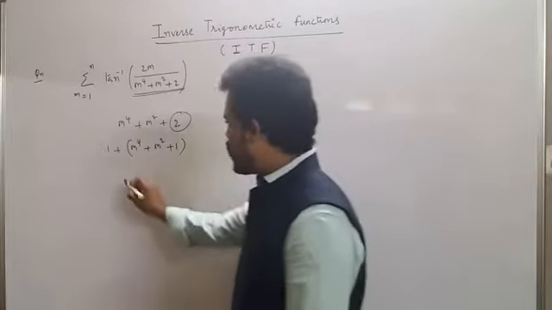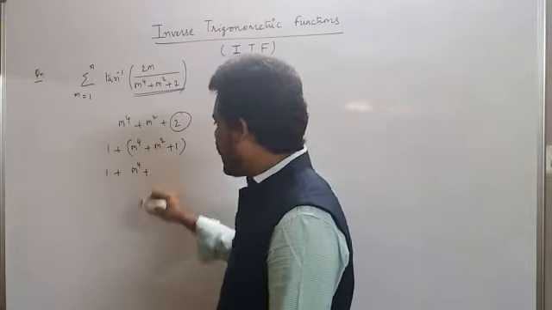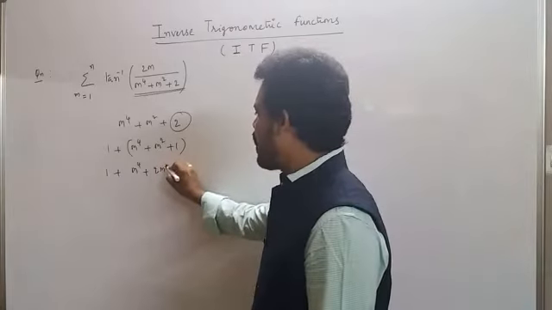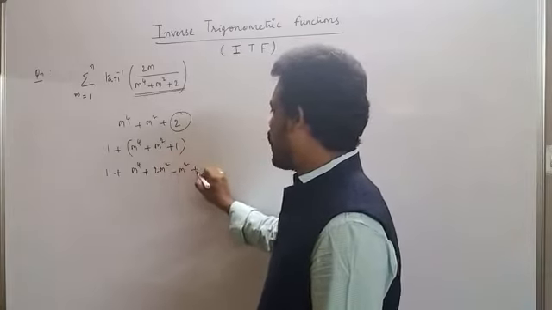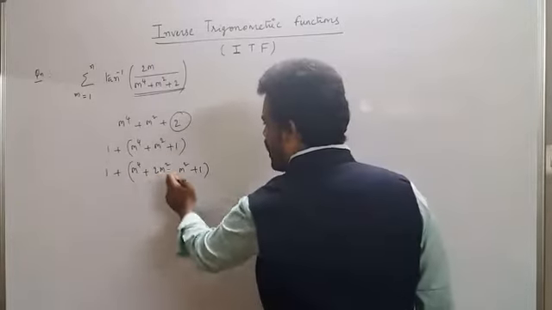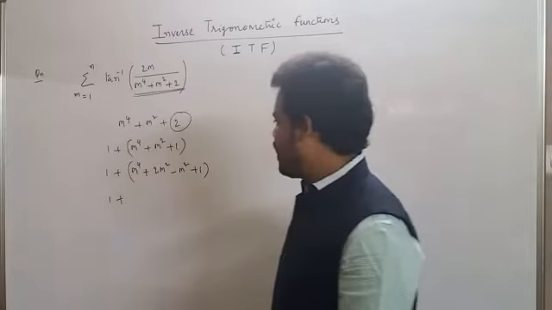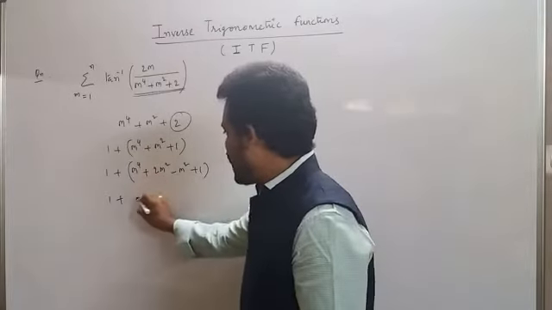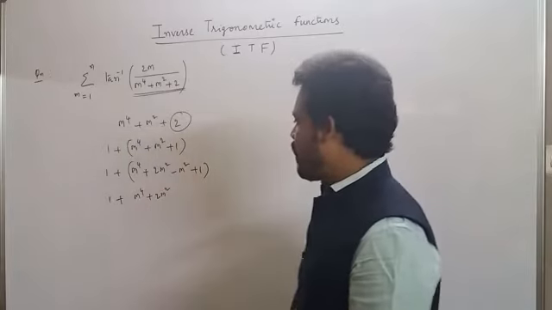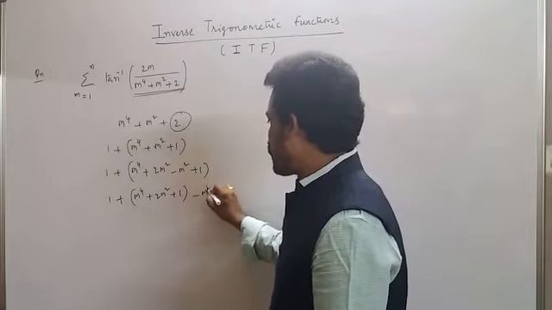Now, my dear students, for this again I am writing m square as 2m square minus m square. Nothing wrong, same. 1 plus m power 4 plus 2m square plus 1 minus m square.